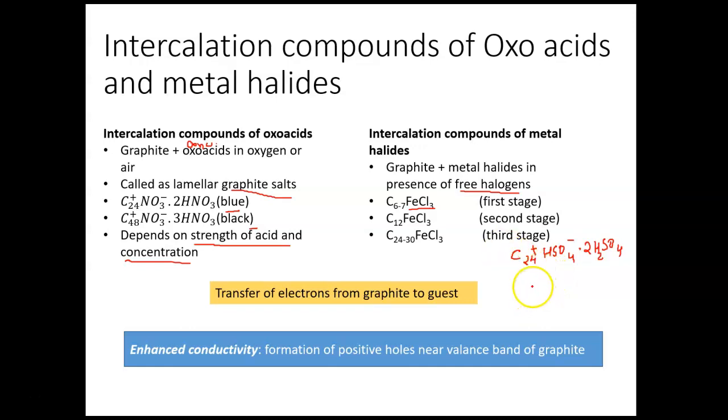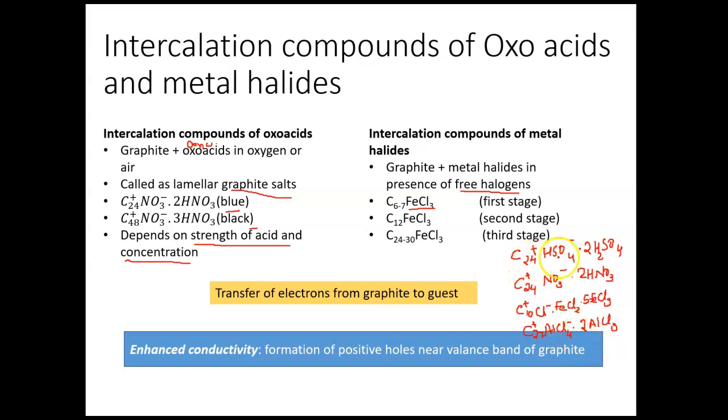Another example is C24+ NO3- 2HNO3, or you can have C10+ Cl- FeCl2 5FeCl3, or C27+ AlCl4- 2AlCl3.